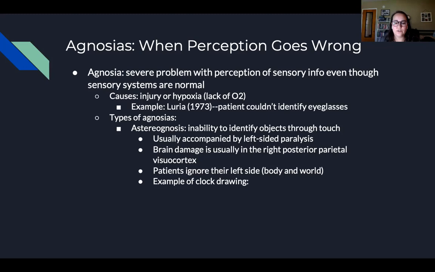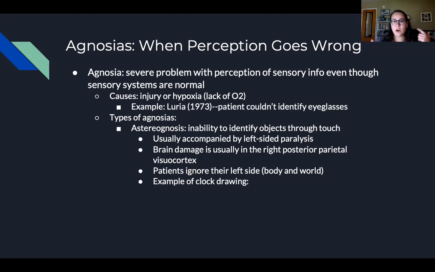And so one of the most dramatic agnosias is called astereognosis. And this is the inability to recognize an object through touch. And this is often accompanied by left-sided paralysis. This is because the part of the brain that is damaged in this instance is on the right side.